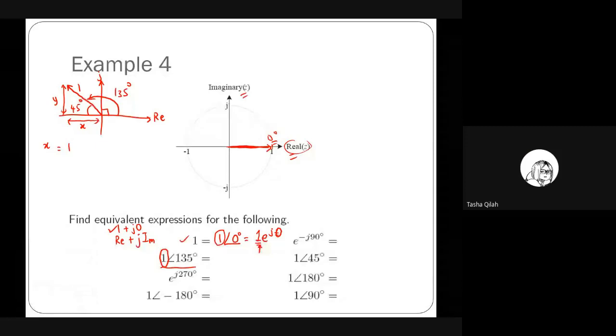Yes, cosine, 45 degree. But is it a negative side or positive side? Negative, because it's on the left side, the left quadrant here. So basically you can write negative square root 2 over 2, or negative 0.707.